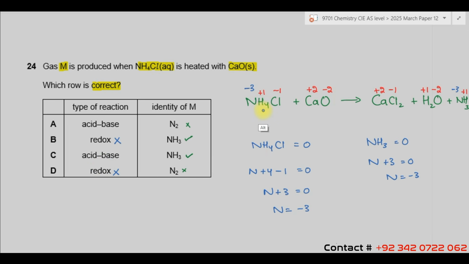In ammonium, nitrogen has 4 hydrogen atoms and it becomes ammonia when nitrogen has 3 hydrogen atoms. So 1 H plus is donated. So proton donor is acid. Calcium oxide is a base, so that's why it is acid-base reaction. So Bronsted-Lowry acid and base. Correct answer is therefore C.